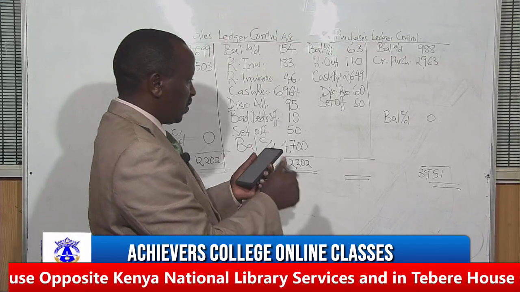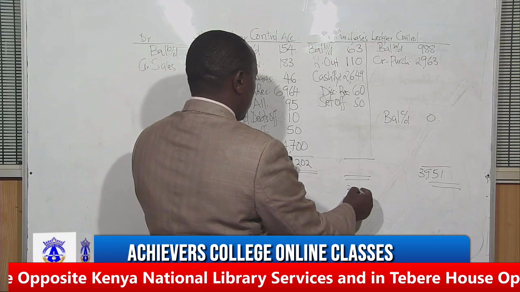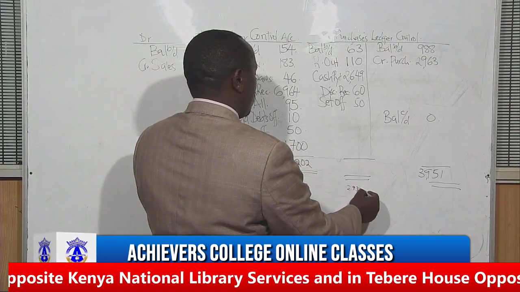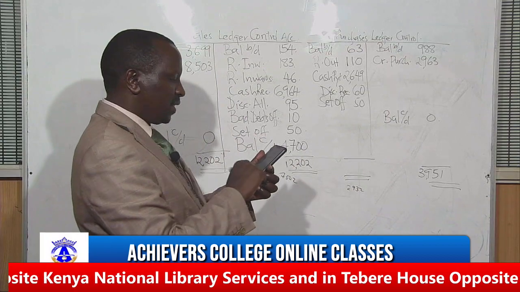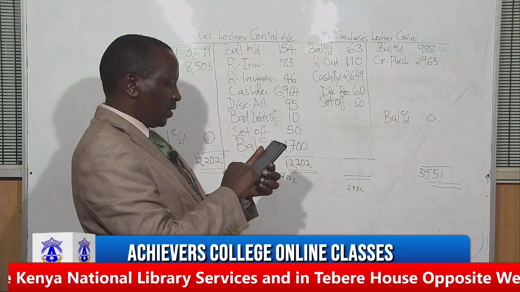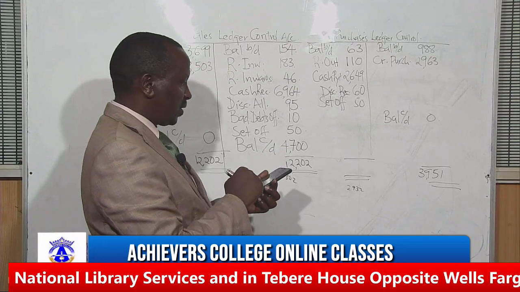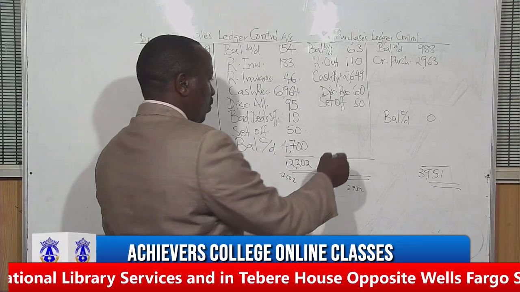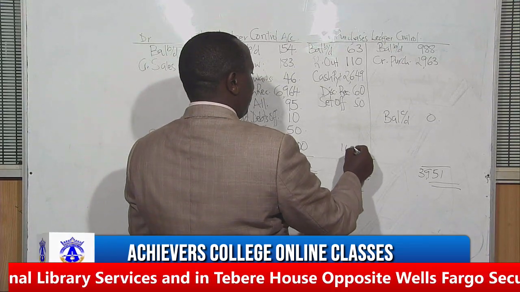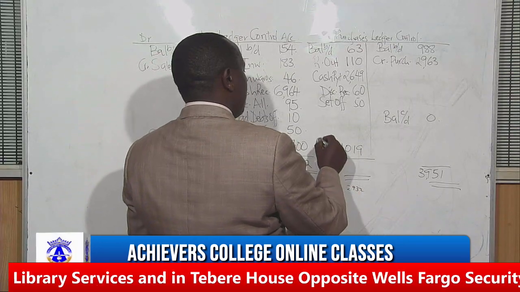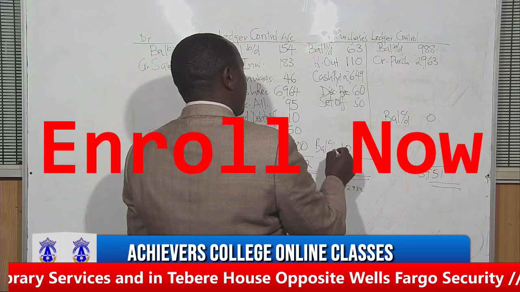So the total here is 29.2. Now if you minus the other side, 39.51 minus 29.2, it will give you 10.19 as our balance carried down.